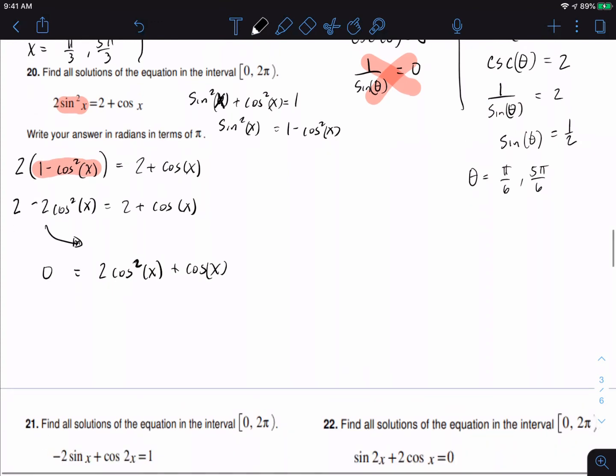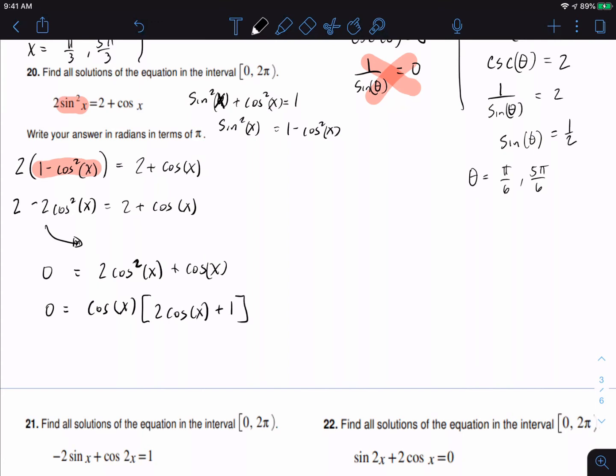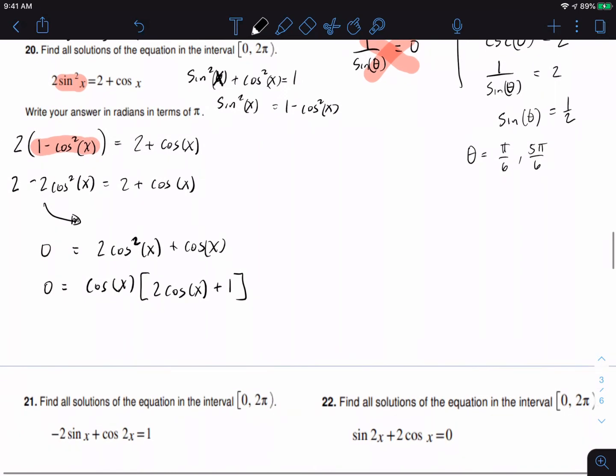Okay, so then I can factor out a cosine. So I'm going to get cosine of x times 2 cosine of x plus 1. And now I have the 2 factors that I can set equal to 0. So I'm going to get, all right, cosine of x is equal to 0. And when does that happen?